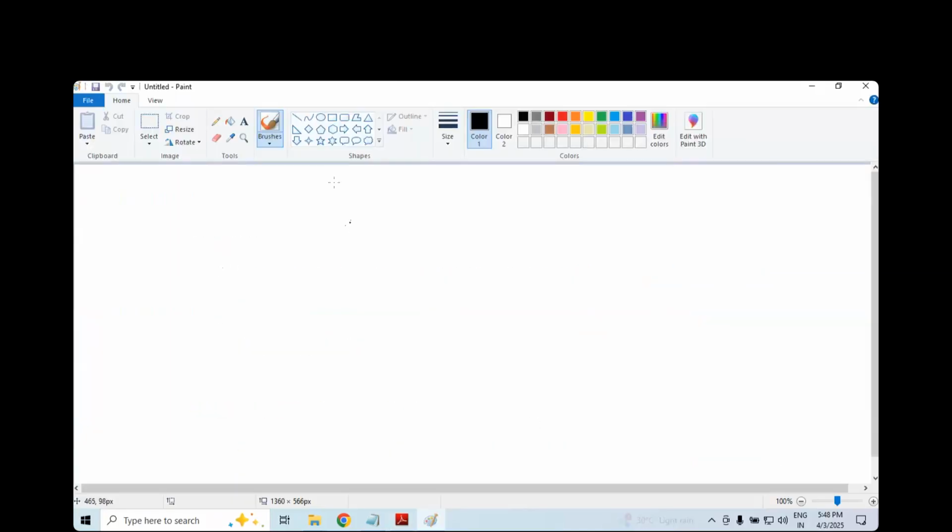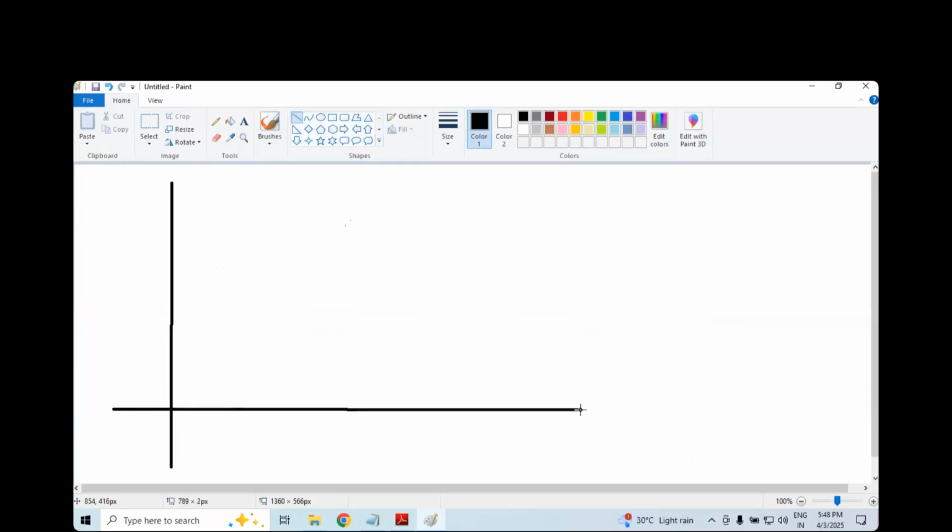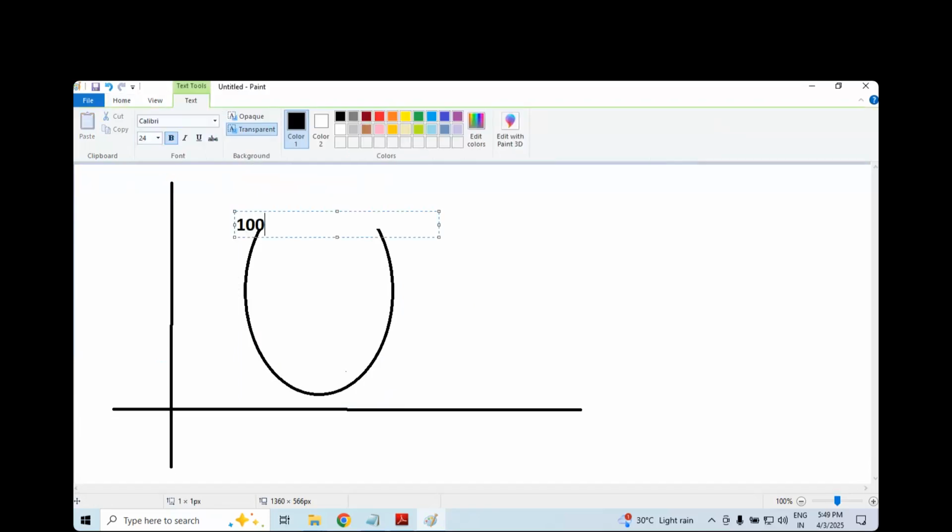I will explain the diagram also. Sir, make a note on this. Think like, see, error stays here, 100% error.